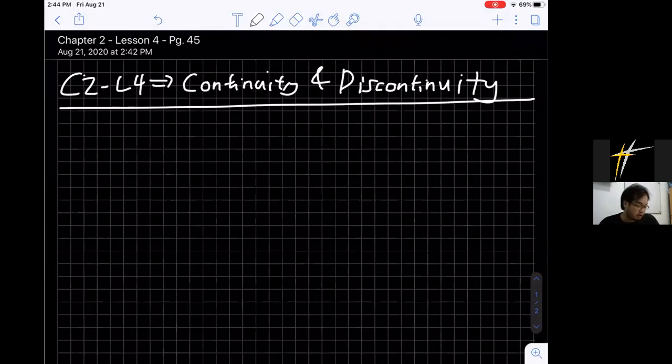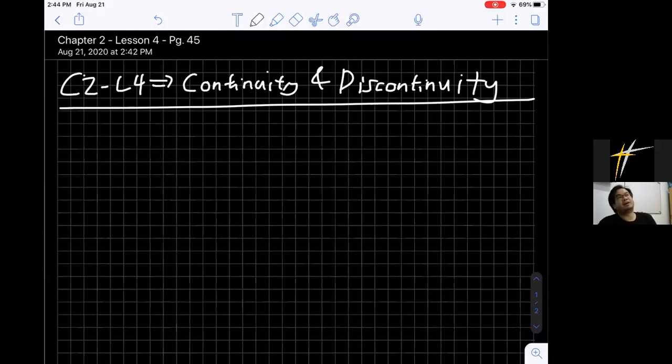If you see figure 2.4a, you can see that there is a graph there. It's a linear graph with a removable discontinuity at x equals 3. So it seems reasonable to say that the function is continuous everywhere else because the graph seems to have no other gaps or jumps.